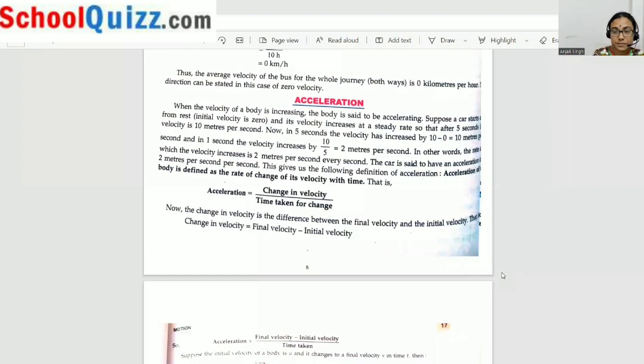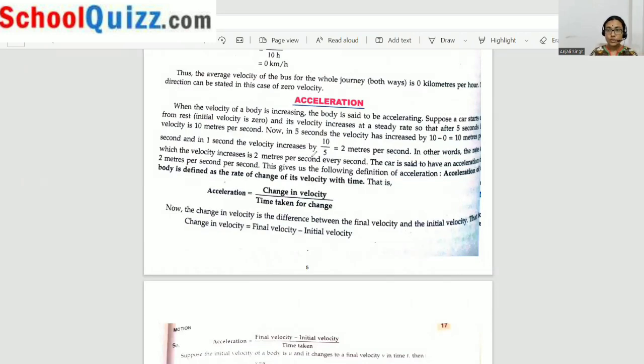So I'll start my topic acceleration with the slide. I'm sharing my screen. Here you can see, acceleration is what?